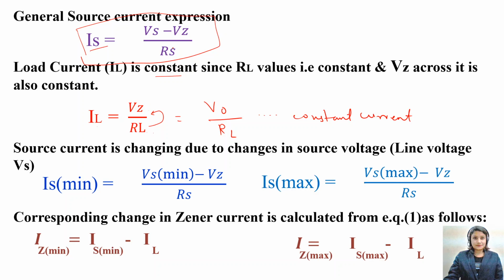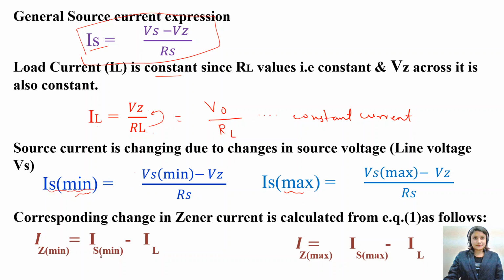But we have seen that the source current is changing. It will become some minimum value and some maximum value. So how to find out Is? Simply, I will put the minimum value of Vs here: Vs min minus Vz divided by Rs. The resulting current will be the minimum source current.